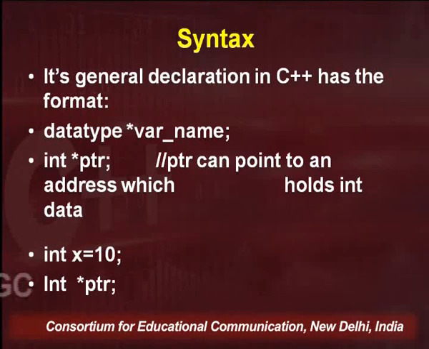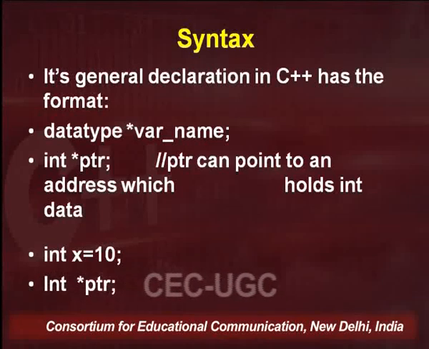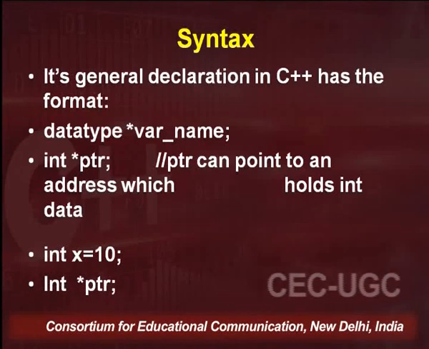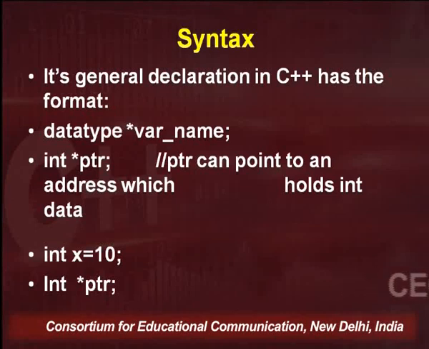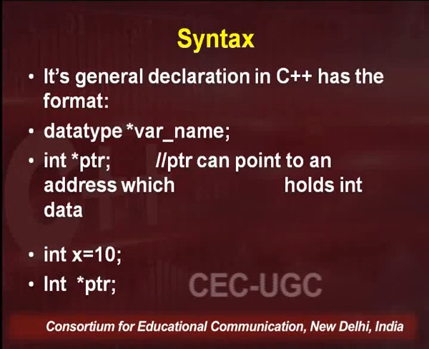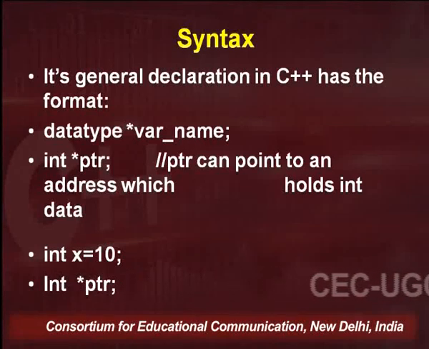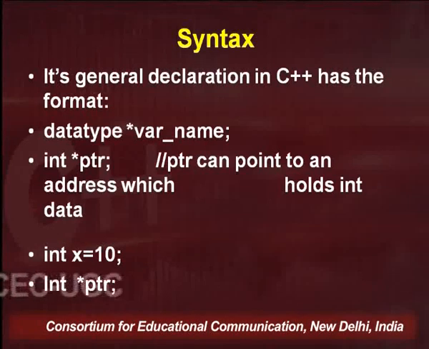Integer here is the data type. Asterisk is a symbol which gives your compiler the indication that the variable which is declared, that is ptr here, is not a normal variable. Instead it is a pointer variable in which ultimately an address will be stored.